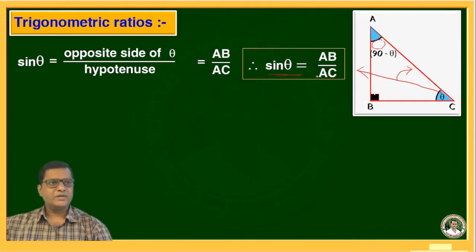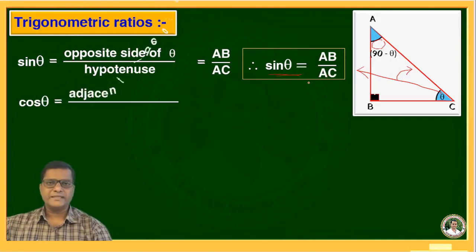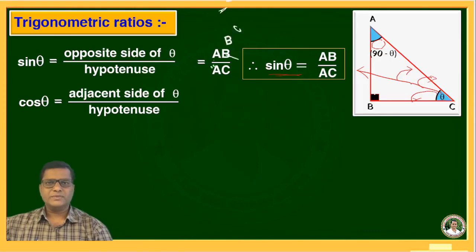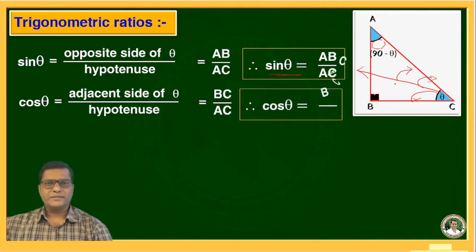If we take cos theta, it is nothing but adjacent side upon hypotenuse. In figure, this angle is theta, adjacent side is BC and hypotenuse is AC. Therefore, cos theta is equal to BC upon AC. This is the cos ratio. Theta is a measure of angle.